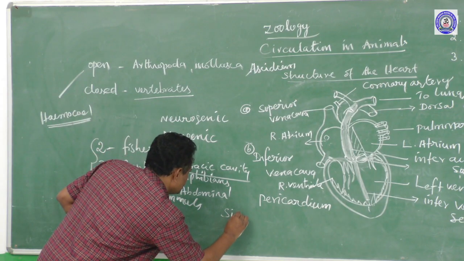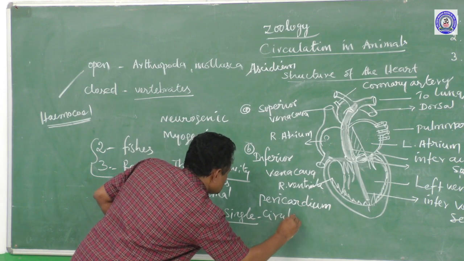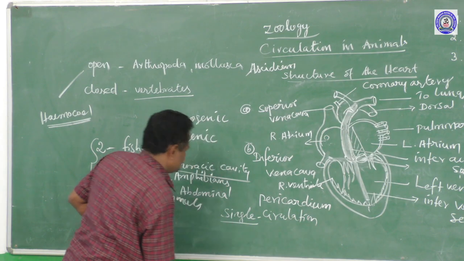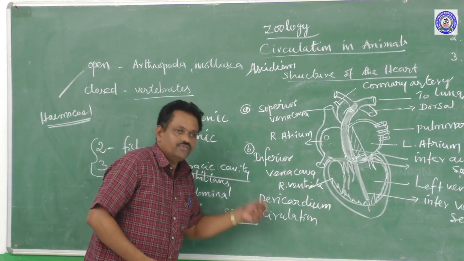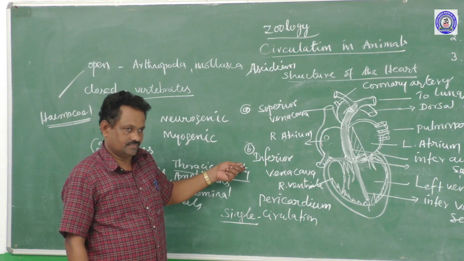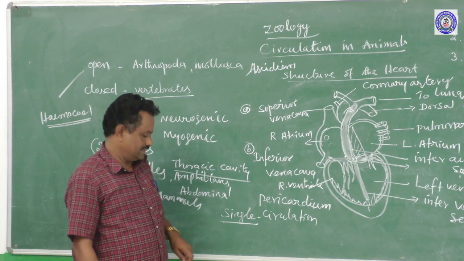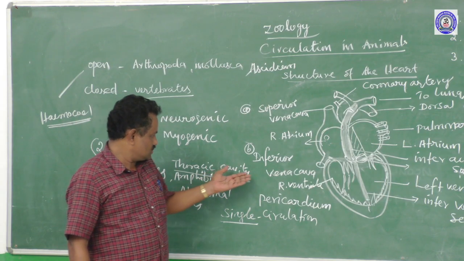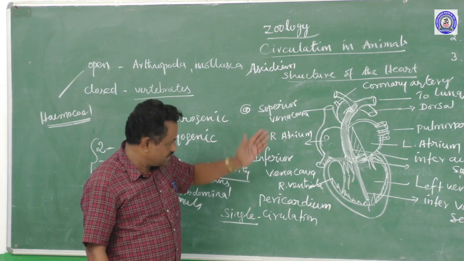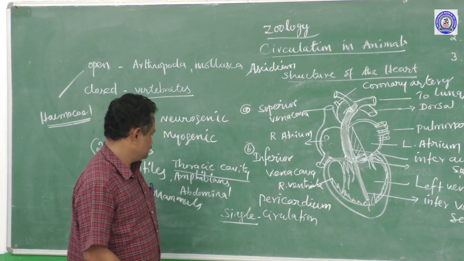It is called single circulation in these organisms because once the blood leaves the heart, whether it is carrying oxygenated or mixed blood, it again comes back to the heart, bringing either oxygenated or deoxygenated blood. So it circulates only once.